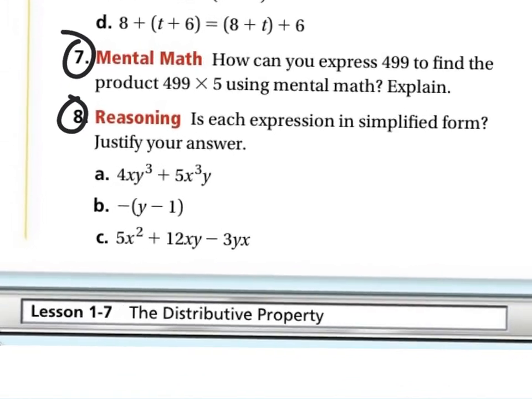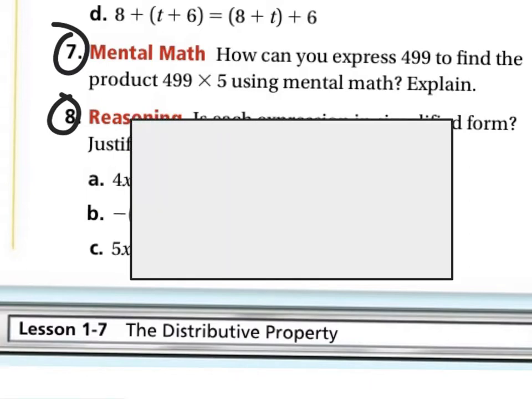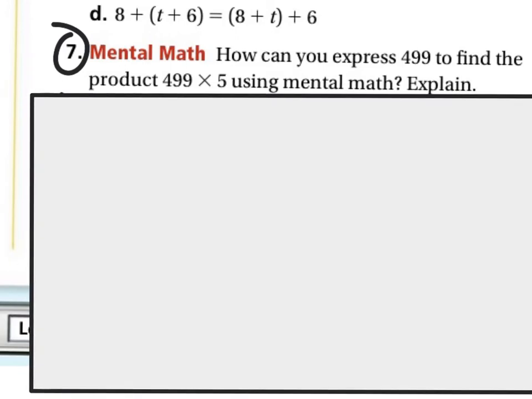If we look at number 7, how can you express 499 to find the product 499 times 5 using mental math? And they are asking us to do that, so we can't just work it out by hand, 499 times 5 like we might normally do. Usually what I like to do on these problems is think about which number I'm going to break apart. And I'm going to put that number second because it's going to be like what I'm used to seeing when I distribute.